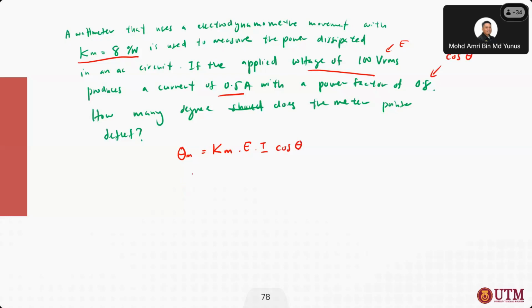Therefore, the angle or deflection is 8 degree per watt multiplied with 100 volt, I mean, this is the unit, multiplied with current 0.5 and multiplied with 0.8.